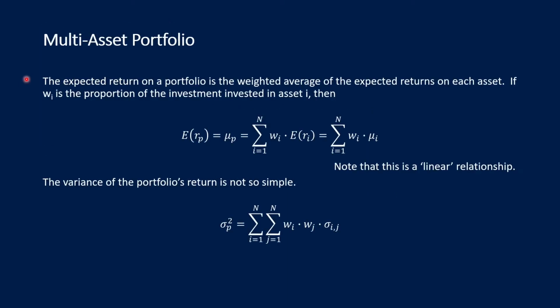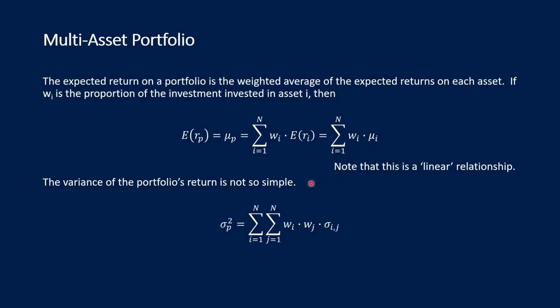The expected return on a portfolio is the weighted average of the expected returns on each asset. If w_i is the proportion of the investment invested into asset i, then the expected return of the portfolio, which is often referred to as mu_P, is given by the sum across w_i, which are the weights, times the expected return of asset i, or, different writing again, w_i times mu_i.